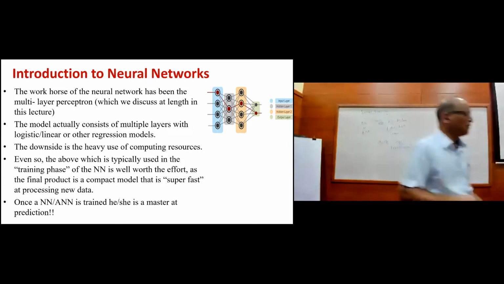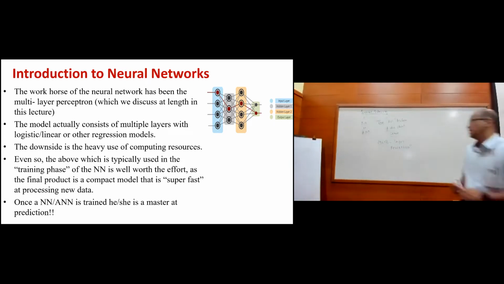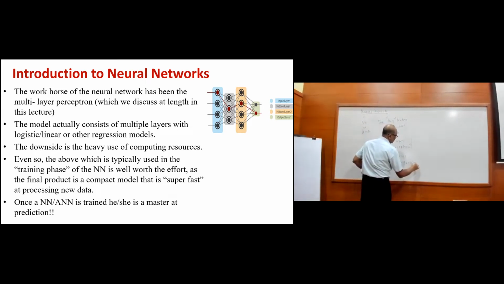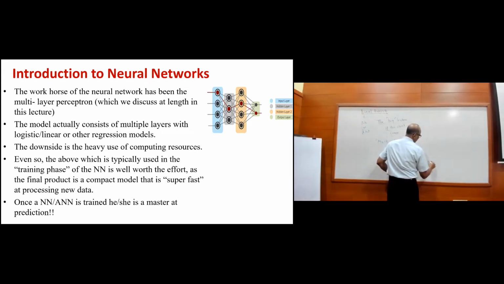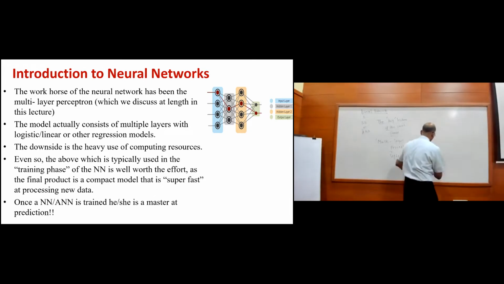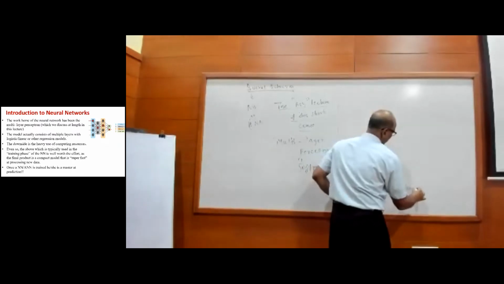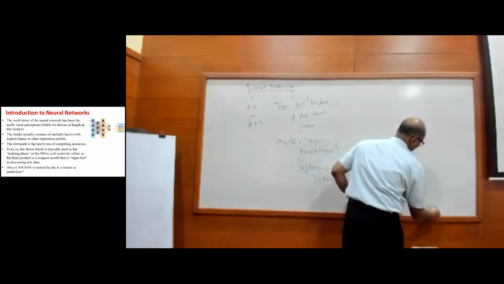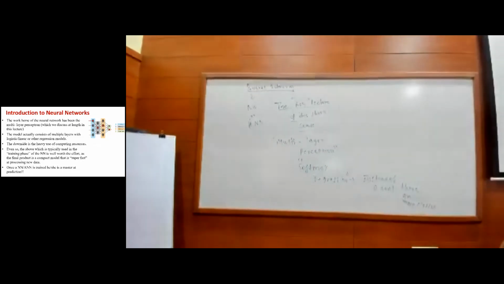There is something called softmax regression, which I didn't have time to cover. Apart from 0 and 1, there are many classes.